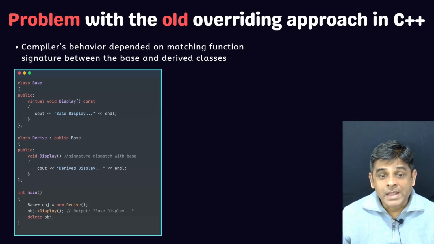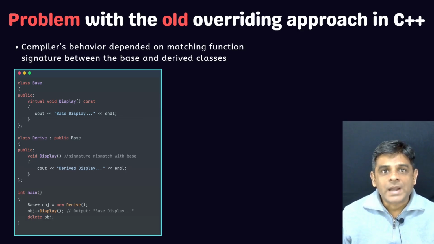If this code compiles and you try to call this method in main or anywhere through the base class pointer, will it call the derived class overriding method? The answer is your code will compile, but because of the signature mismatch, it will call the base class method.